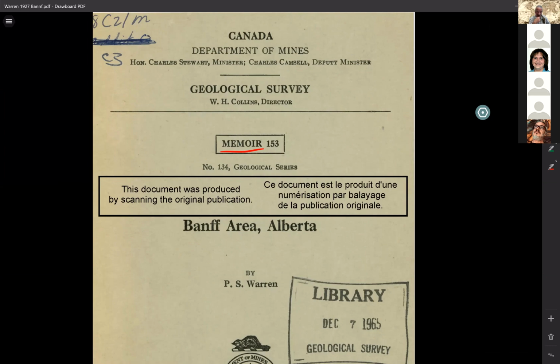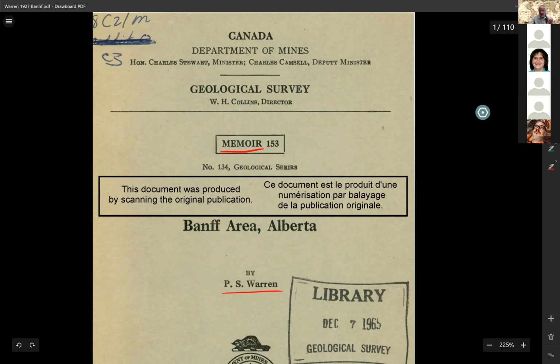It's a compilation of work over a few years that usually includes some maps and sections and fossil analyses and stuff like that. We've made these geological memoirs in Canada for much more than 100 years now, back to the late 1800s, I think. Canada was a very early adopter of the geological survey, so we've got a really strong tradition of geological surveys.